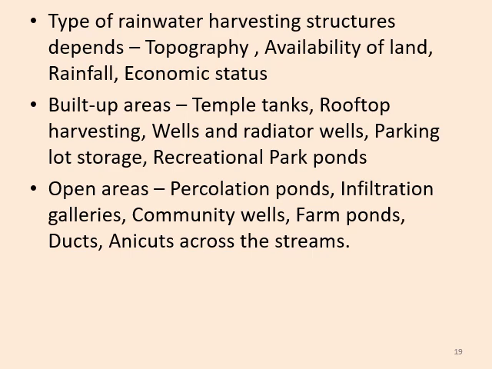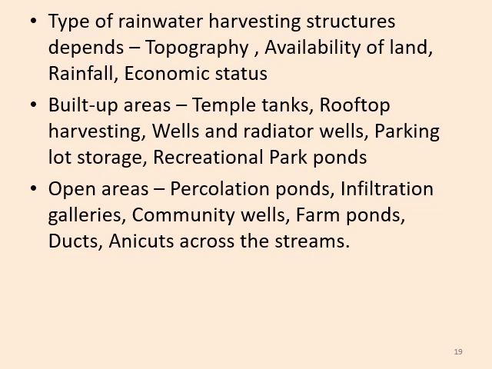The type of rainwater harvesting structure depends on the topography, maybe on a hill slope or maybe on flat land, the stream path, availability of land, rainfall quantity or rainfall intensity, economic status, etc. For built up areas, temple tanks, rooftop harvesting methods, wells, parking lot storage, and recreational park ponds can be constructed.